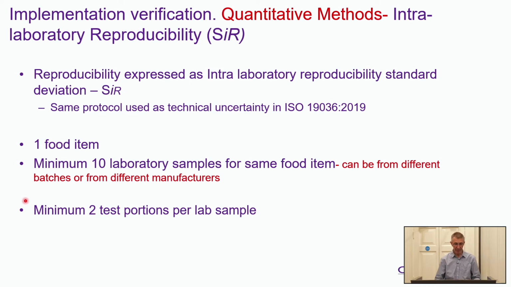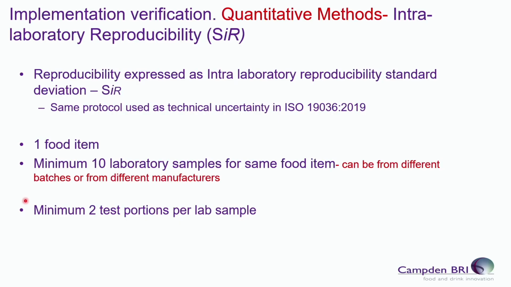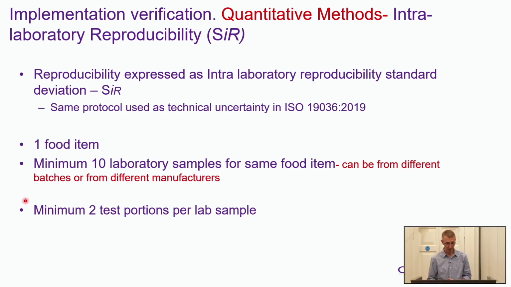So moving forwards, how do you then do the testing work? How do you measure this intralaboratory reproducibility, the SIR value? Well, actually, it's quite fortunate in some ways that the protocol that's detailed in ISO 16140 Part 3 is the same protocol that's used in another ISO standard, and that's this 19036, which is the way a laboratory would measure uncertainty of measurement.